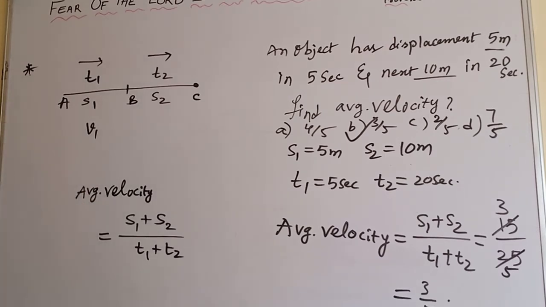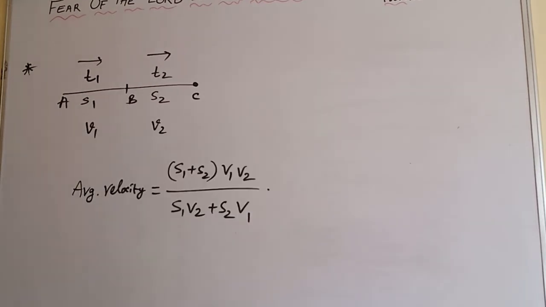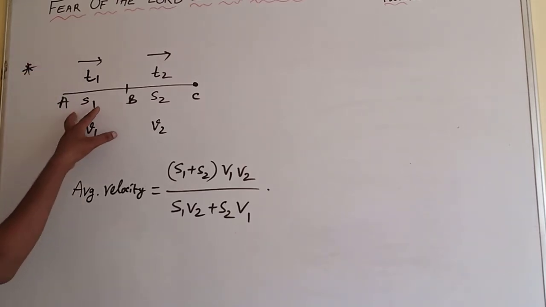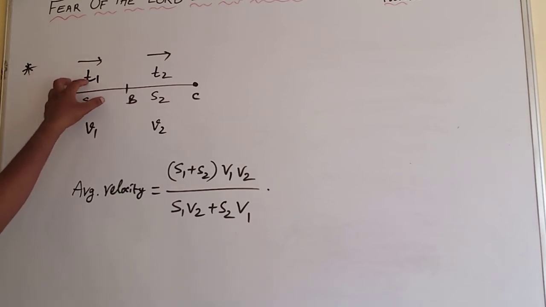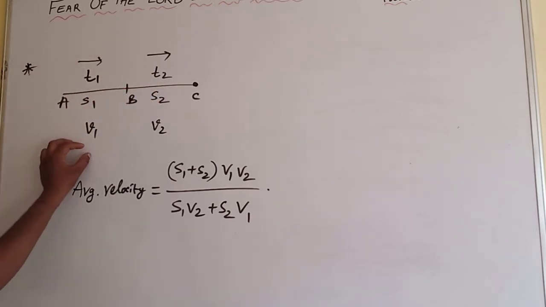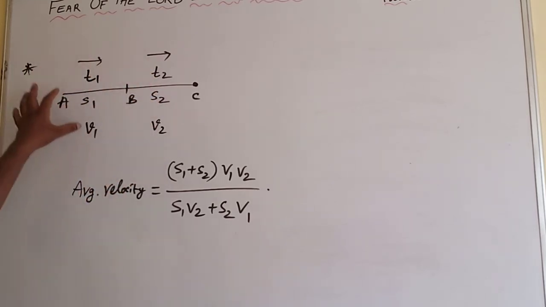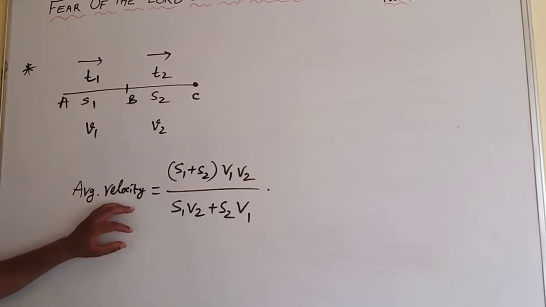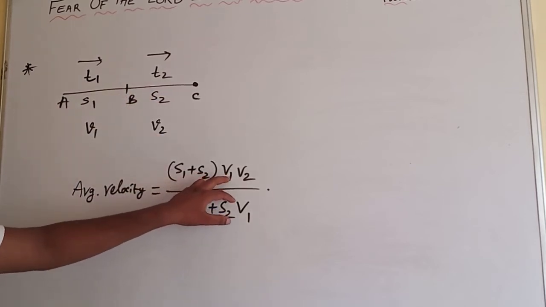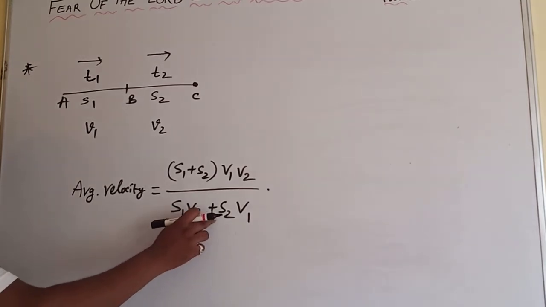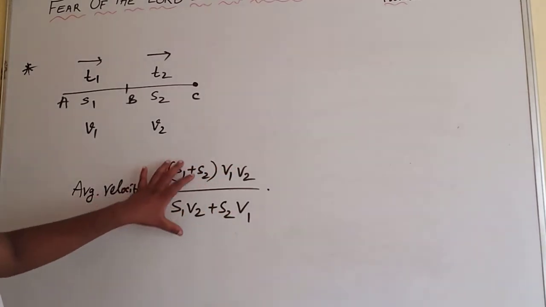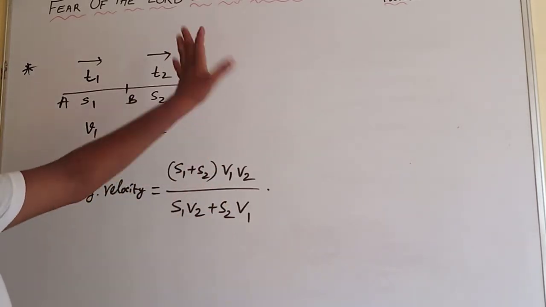So that is your first important point. Let's move on to the second point. Next, what they give is that the first displacement is S1 and the second displacement is S2, the time taken is T1 and T2, and the first velocity V1, the second velocity V2, all are given. Then the average velocity is S1 plus S2 into V1 V2 upon S1 V2 plus S2 V1. You just remember this formula and solve.